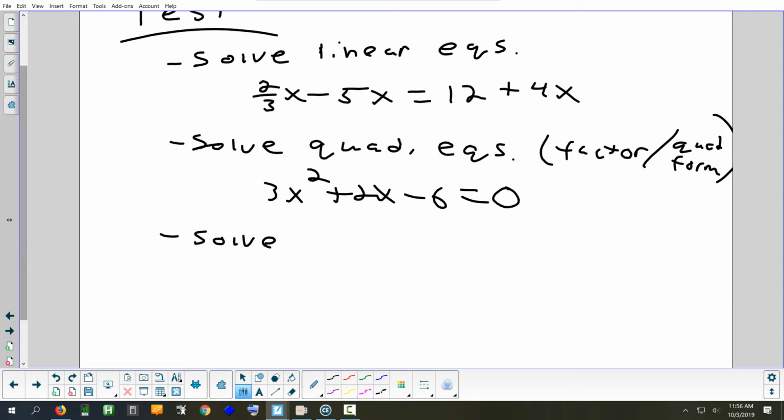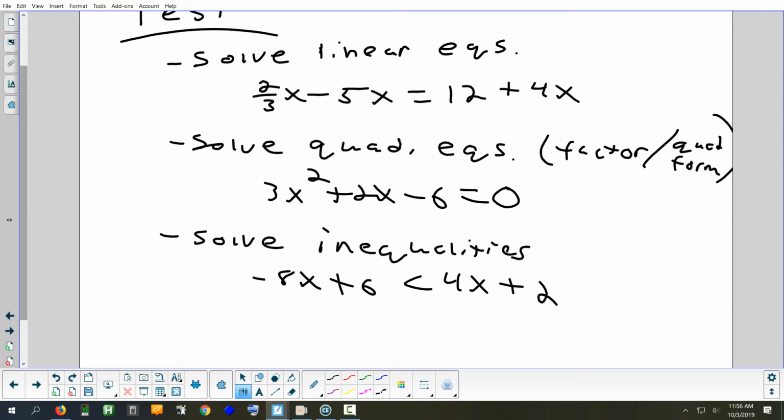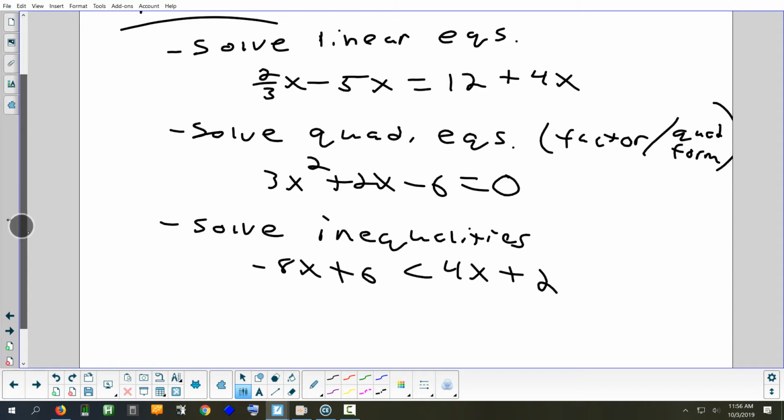Solve inequalities. That would be something like negative 8x plus 6 is less than 4x plus 2. You should be able to solve that. What else do we do?